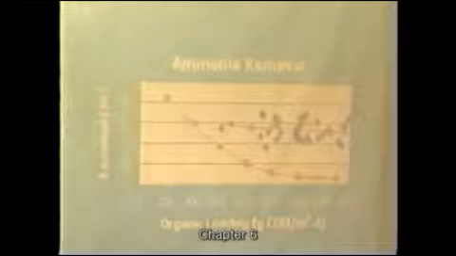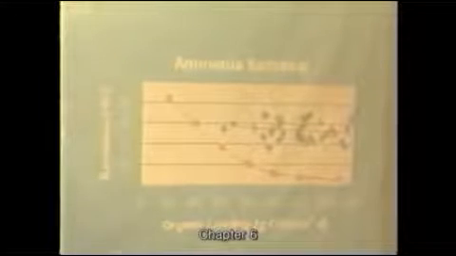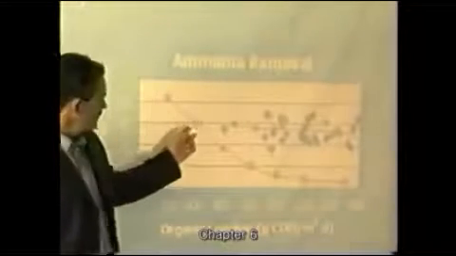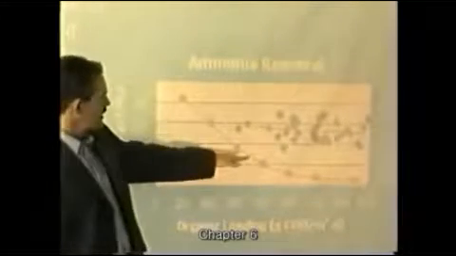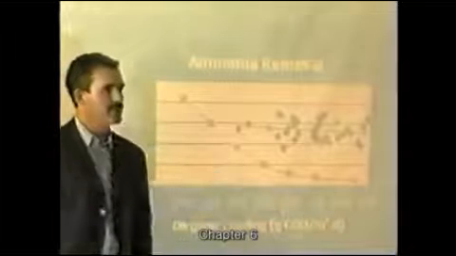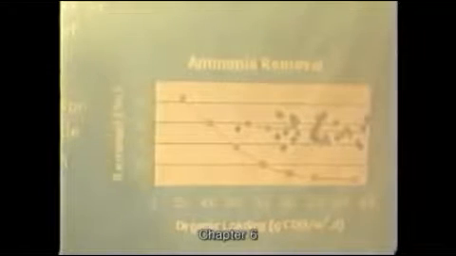As you increase your loading, your nitrification drops to virtually zero, because they cannot compete for oxygen with the COD consumers. Their growth rate is too slow. With archaea, we are way above what the theory predicts we should be able to get. We get about 50 to 60% ammonia removal.